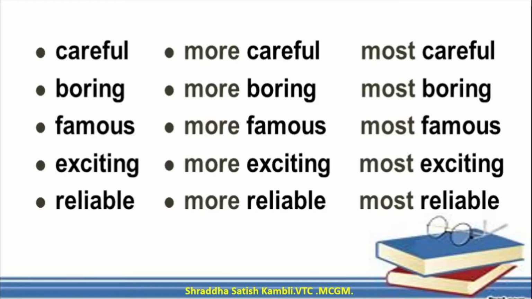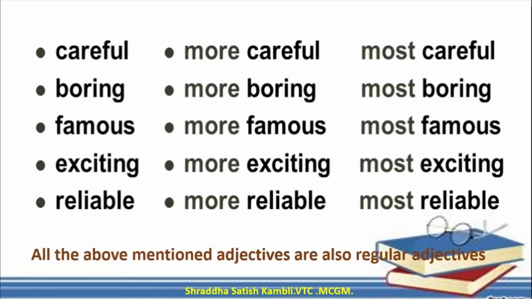Boring becomes more boring than, the most boring. Famous becomes more famous than, the most famous. Exciting becomes more exciting than, the most exciting. Reliable becomes more reliable than, the most reliable. Okay, so these are also examples of regular adjectives.